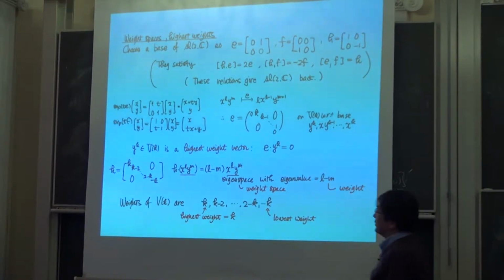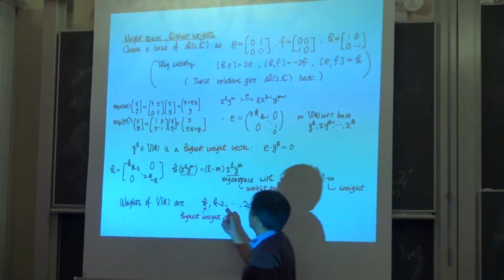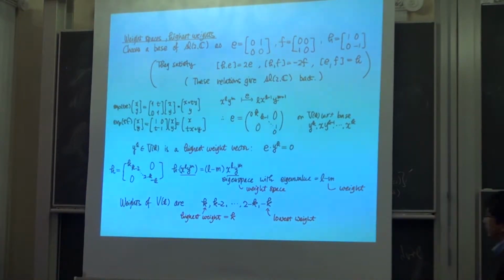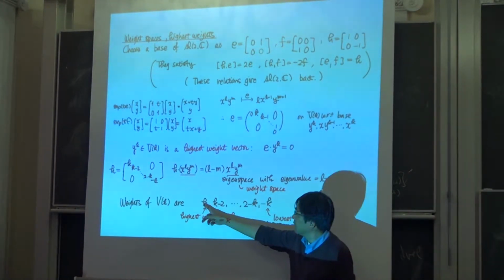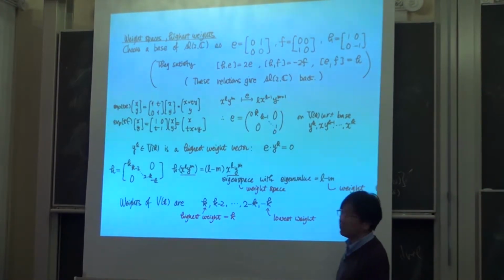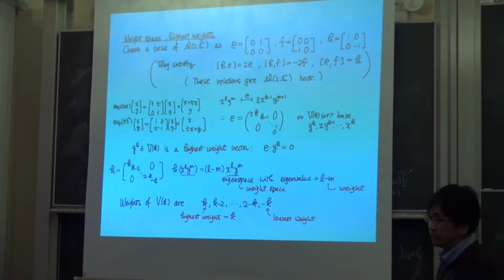The weights of Vk start from k, jump by 2, and end up with minus k. The largest value, k, is called the highest weight, and the smallest value, minus k, is called the lowest weight. This is the usual theory of weights, the highest weight and the lowest weight for representations.